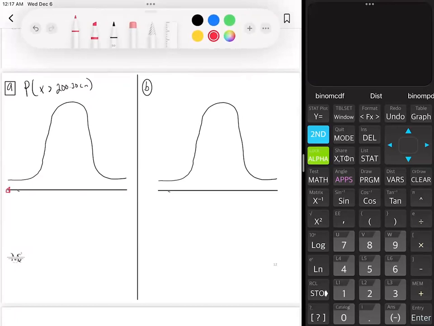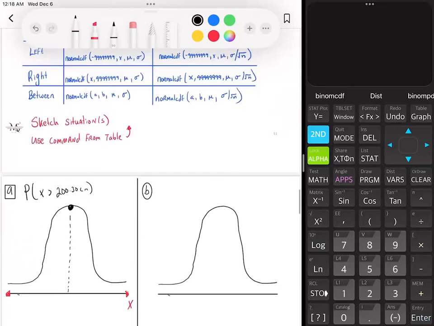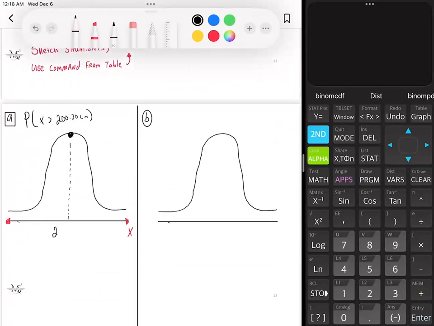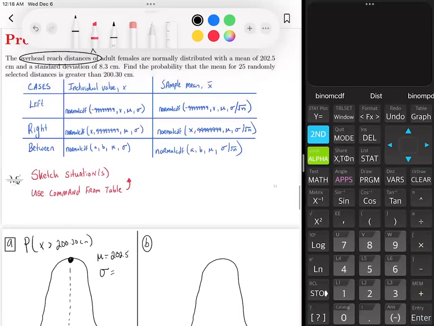So for my horizontal axis, we can label it in terms of x, where x represents the overhead reaches. Now, at the center of your distribution is going to be the mean. So your mean is, in this problem, 202.5. All right, so I'm just going to write that on the side here. Mean is equal to 202.5. And we have a standard deviation of 8.3.